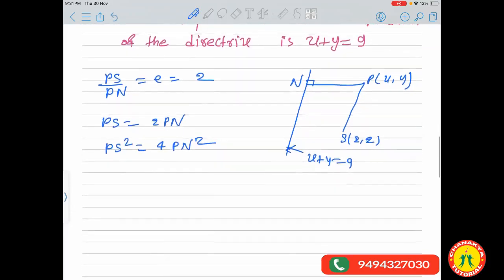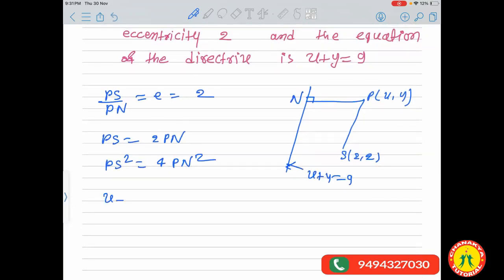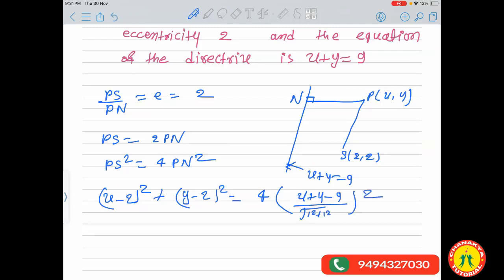PS² means (x minus 2)² plus (y minus 2)² is equal to 4 times PN². It means the perpendicular distance from point P to the line, that is (x plus y minus 9) upon root under 1² plus 1², whole square, right?